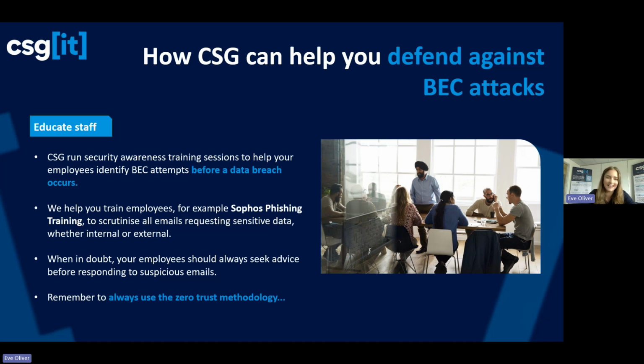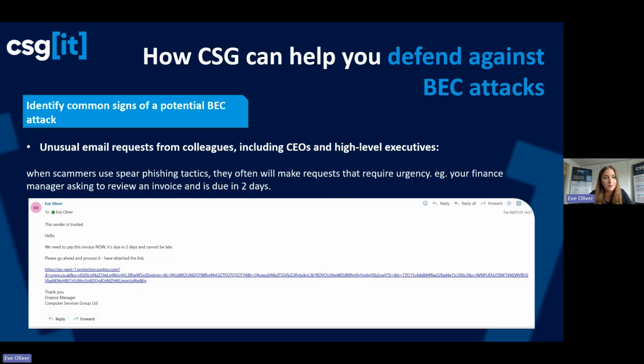So just a really good way to see if your employees are keeping up with the latest BEC phishing attempts. And when in doubt, remember, always seek advice before we click on any links or follow through with anything. And I know everyone's constantly hearing about it, constantly talking about it, but zero trust methodology: always assume it's going to be a phishing attempt, basically.